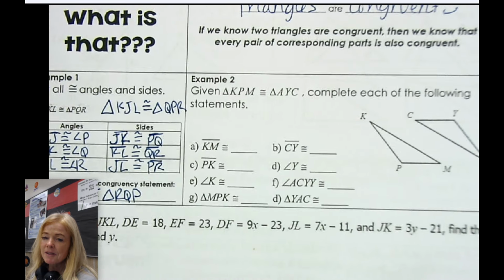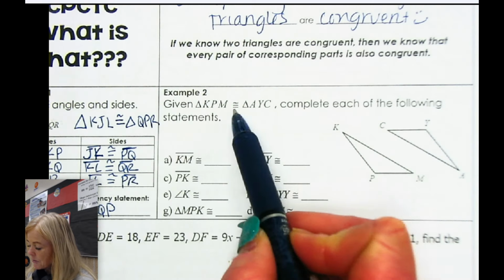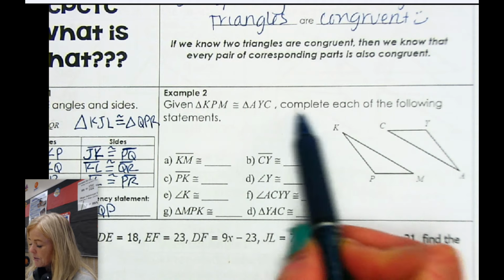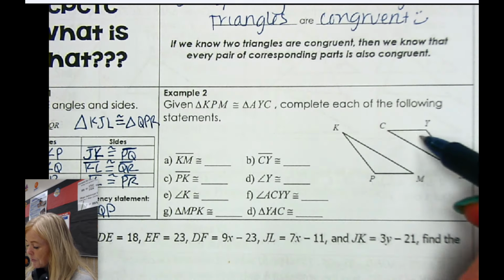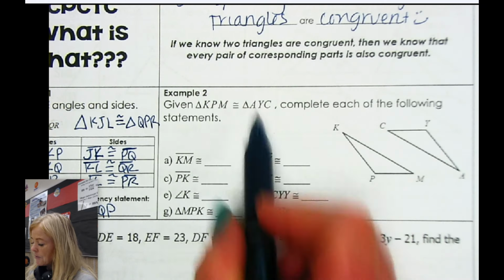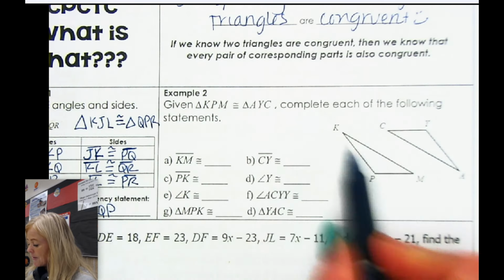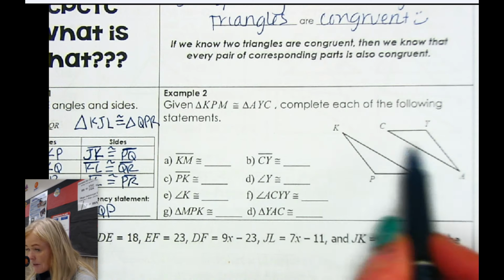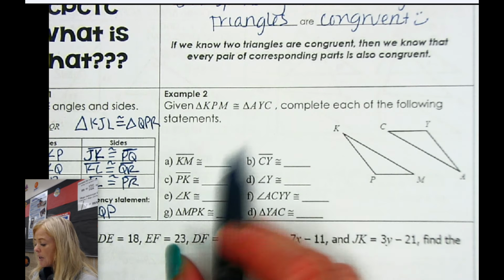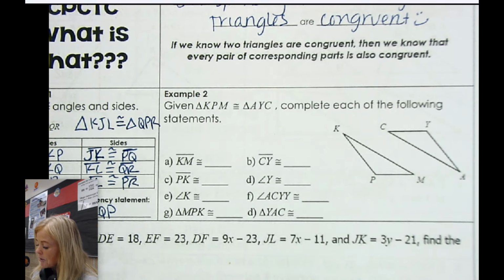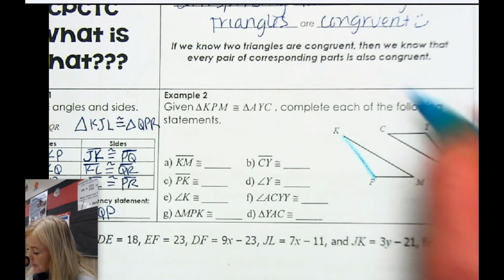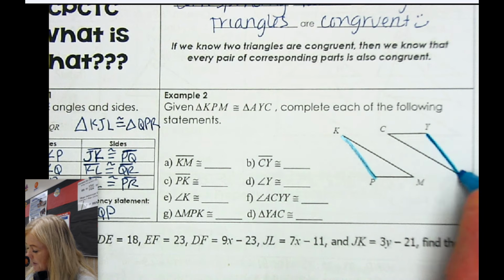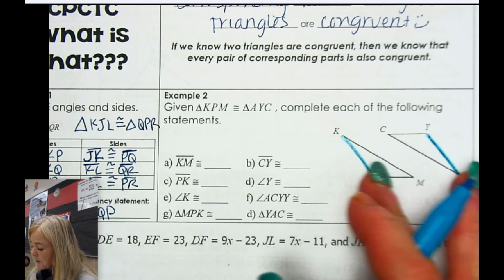Example 2 gives us another option here. You're given that triangle KPM is congruent to triangle AYC, and you're to complete each of the following statements. So KM would be congruent to what? If I say KM up here, I'm probably just not going to look at these right at the beginning, even though I know they're congruent. I mean, I could: KP is congruent to AY, right? See how they're flipped?